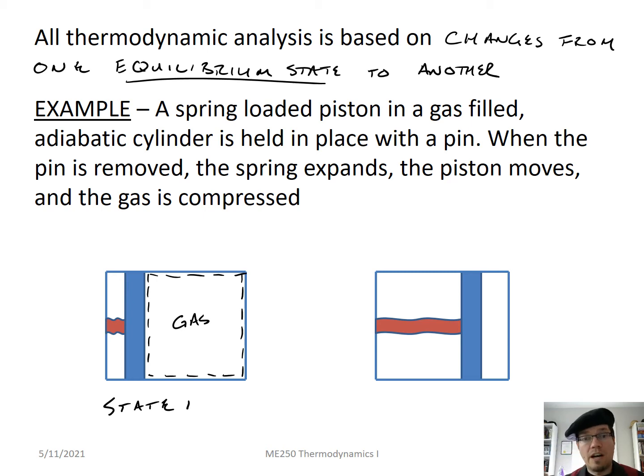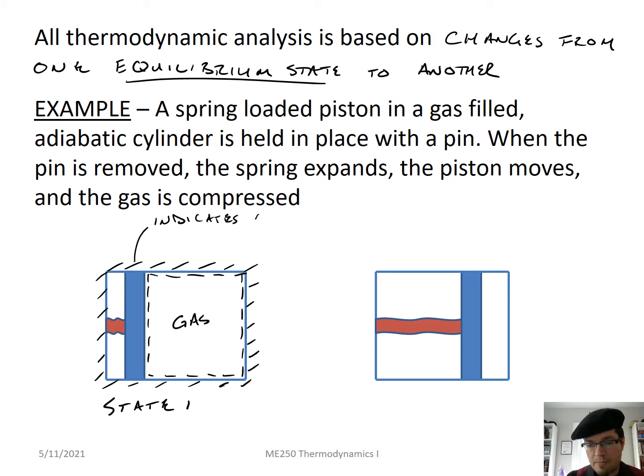This whole cylinder is adiabatic. We demark this by these dashed lines, and I'm drawing them all the way around the system. So this is the symbolic form that indicates that something is adiabatic.